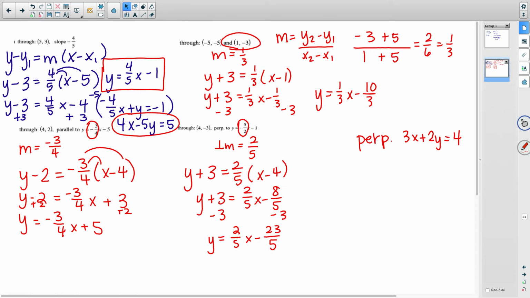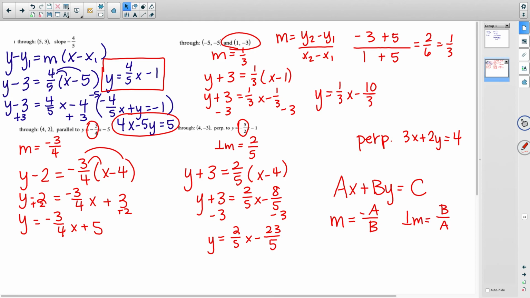Okay, so as a reminder, ax plus by equals c. If you want to get the slope of that line without putting it in slope-intercept form, your slope would be negative a over b, and your perpendicular slope would be b over a.